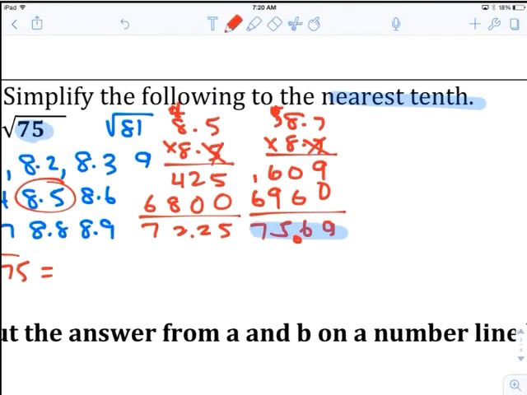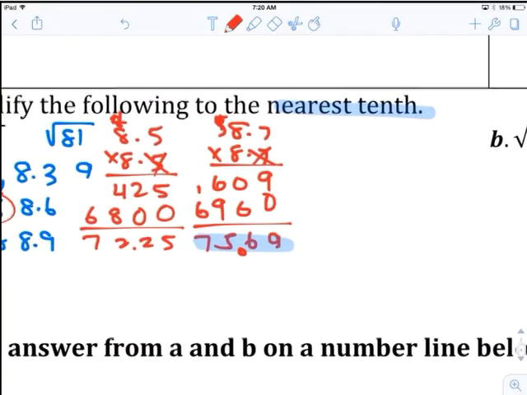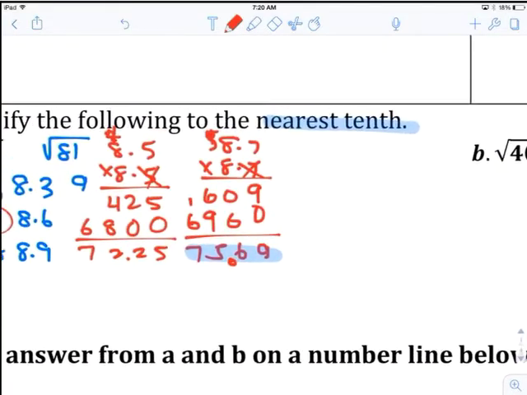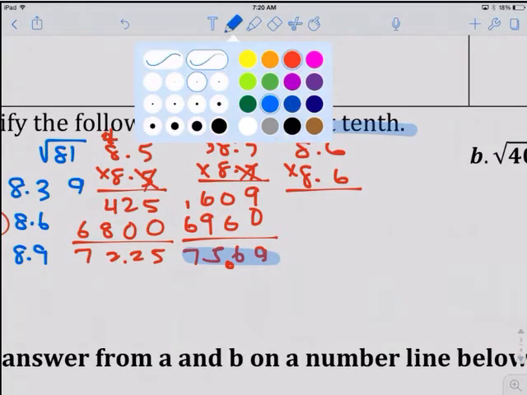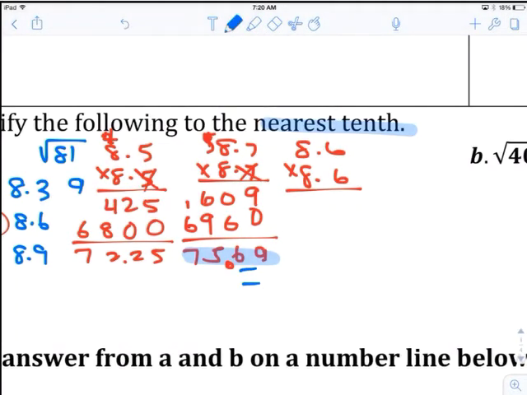Okay, let's do 8.6. I was right. Thank God I didn't prep. Choose 8.8. 8.6 times 8.6, because this went over 75. 36, carry the 3. 48, 49, 50, 51. Counting like you guys.